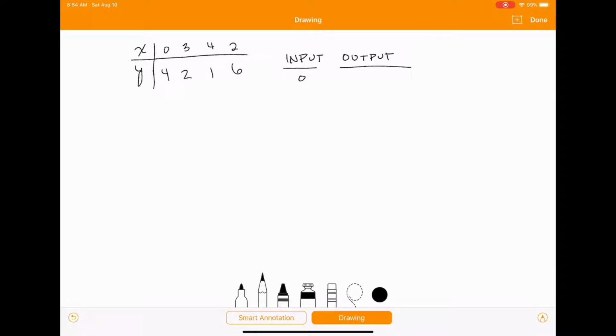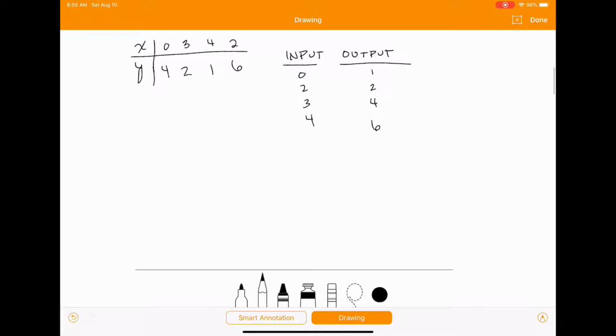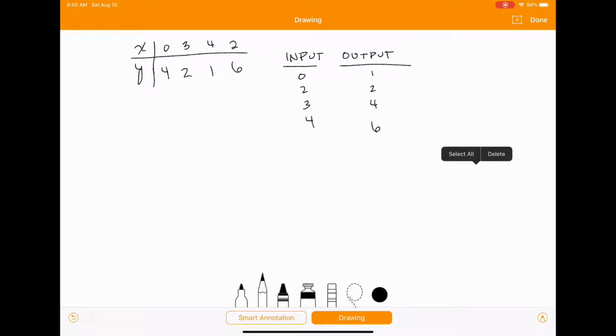So 0, 2, 3, 4. These in numerical order. So 1, 2, 4, 6. Now 0 corresponds with 4. So we're going to draw an arrow from 0 to 4. 2 goes with 6. 3 goes with 2. And 4 goes with 1. So that would be our mapping diagram for this instance.